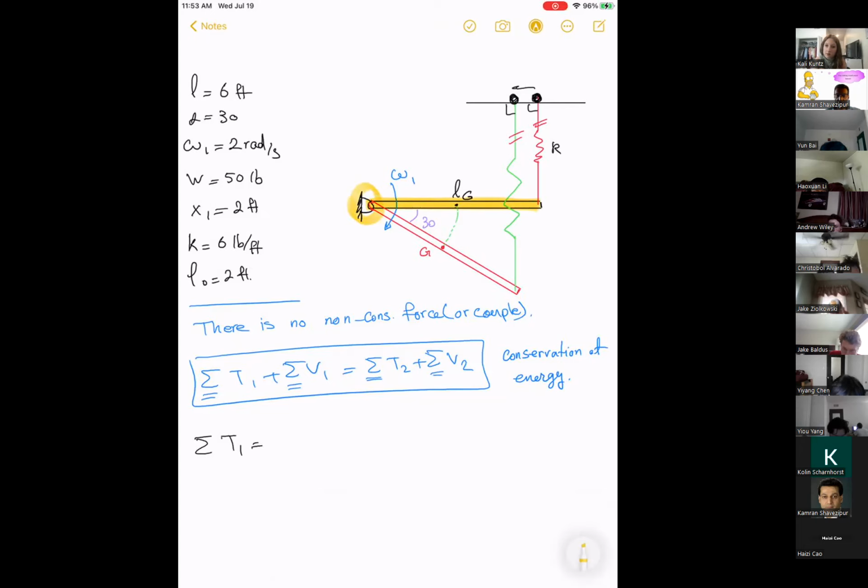Yeah. So when it rotates about a fixed point, how do I find its kinetic energy? Let's call this point O. For rotation about a fixed point, the kinetic energy is half I_O omega 1 squared.